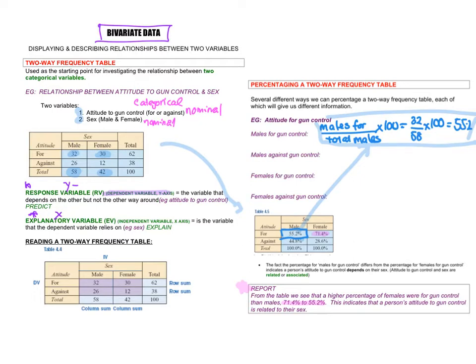The response variable is the one that you are looking at and you're seeing what's happening to that. If you have a look at it, the response is the gun control. We're seeing what their attitude to gun control is. That's what we want to look at. We don't want to look at whether they're male or female, do we? That is independent. Nothing will change their sex.